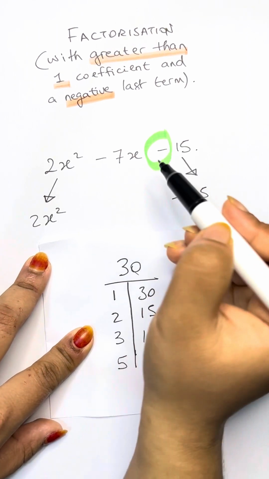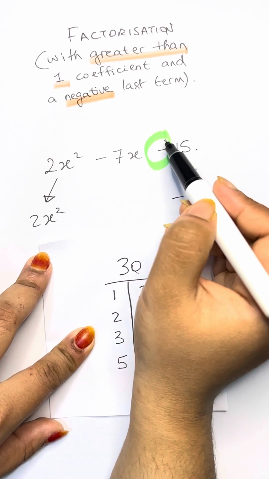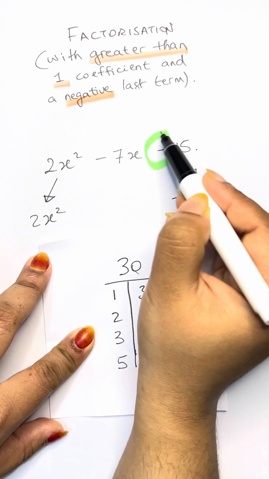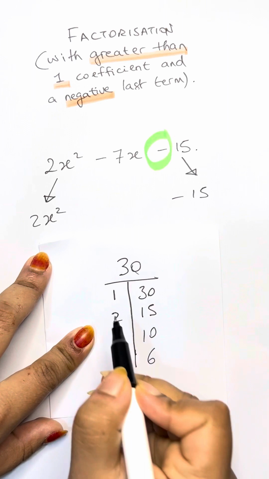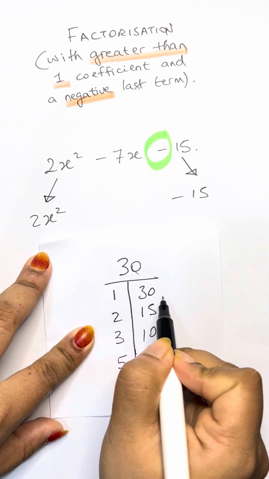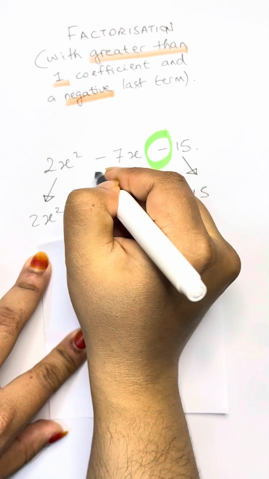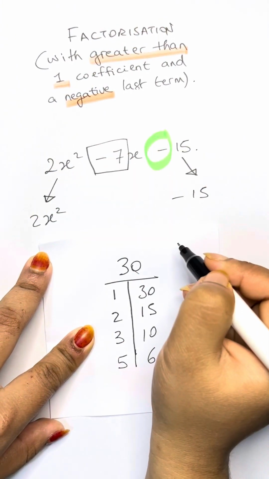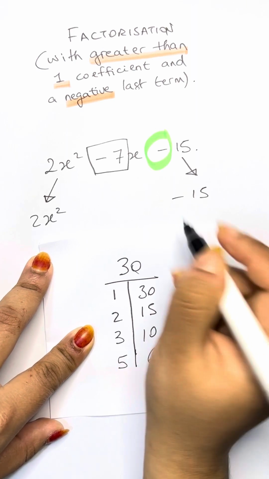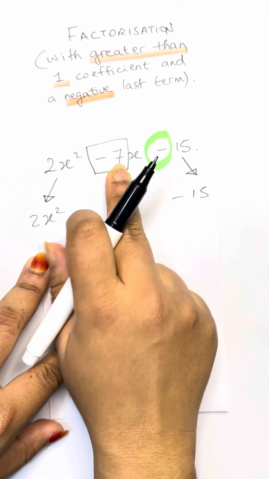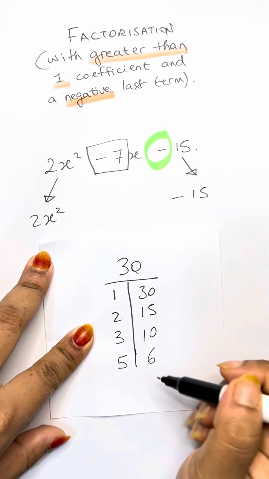Okay, then the next rule to remember is that when I have the negative sign here on my last term, my pair of factors is going to be subtracting each other to get a -7, this middle term here. So let's have a look.